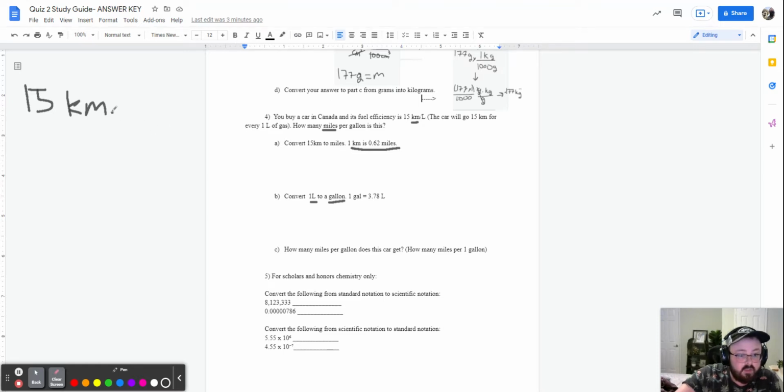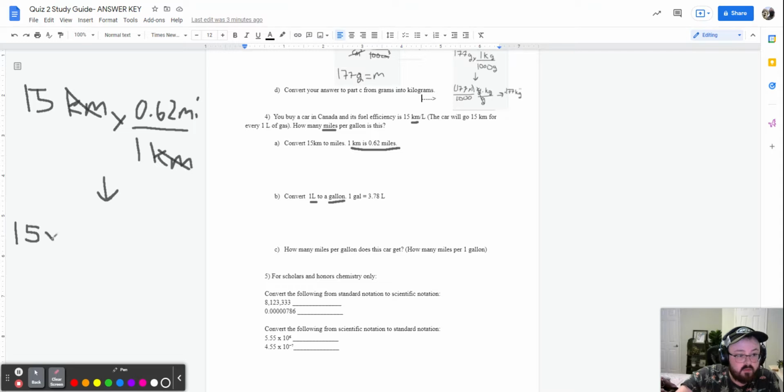So we have 15 kilometers. Our ratio is 1 kilometer to 0.62 miles. Right, so I'm going to do the oversimplification here, but you can cross out this kilometers and this kilometers here. I'm going to show you, just to write it out.